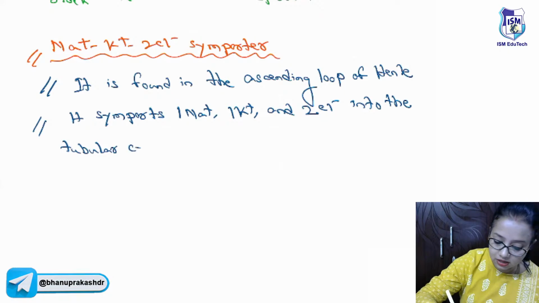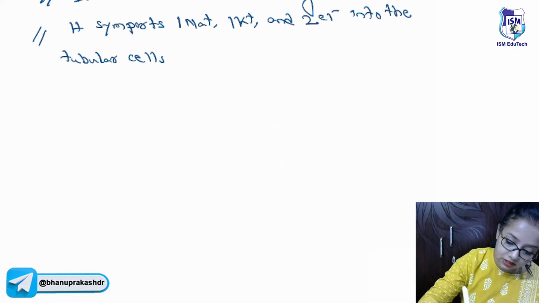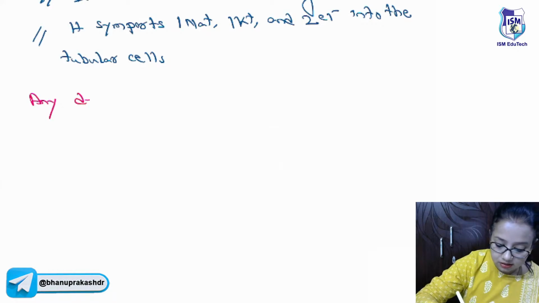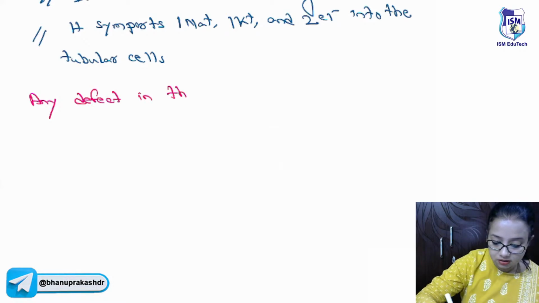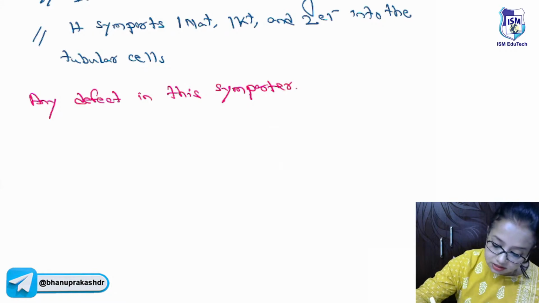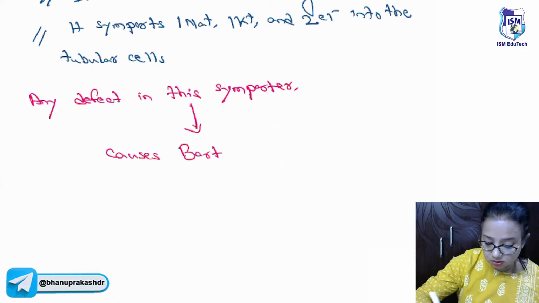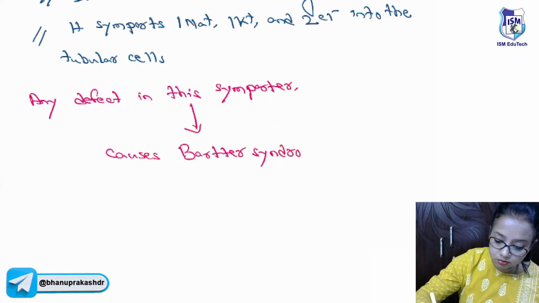tubular cells, right? Now, it is reported and studied that any defect in this symporter causes Bartter syndrome.